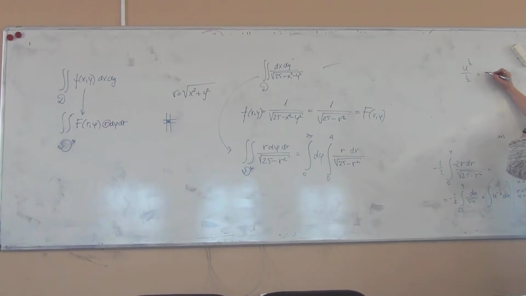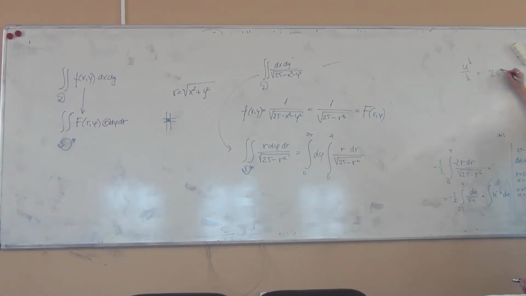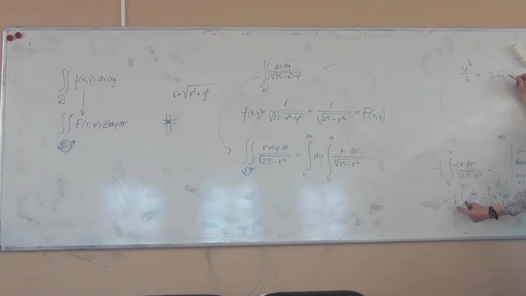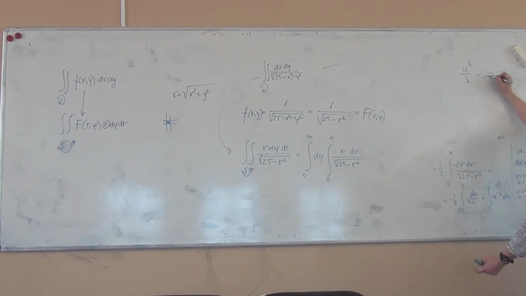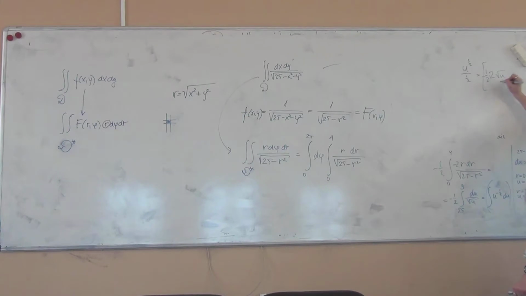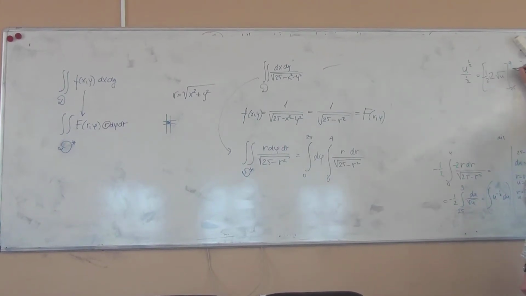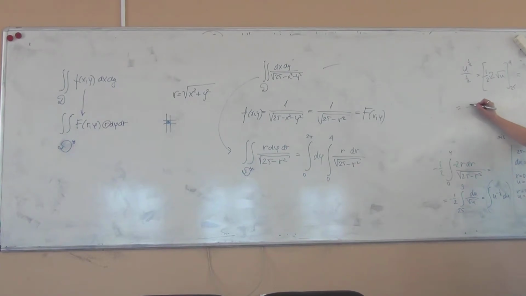This will actually be 2 square roots of u, but then we still have this minus half in front. Minus 1/2 times 2 will be minus 1. So it's minus square root of u between the values 25 and 9. Or I can write square root of u from 9 to 25 after all.